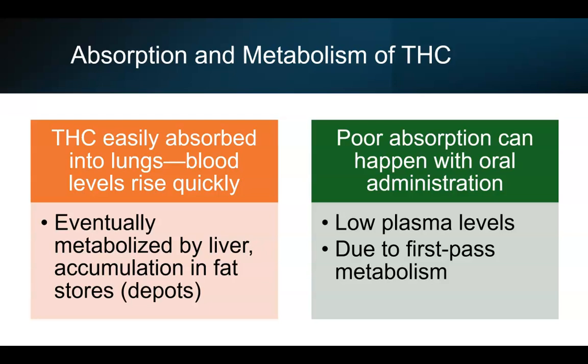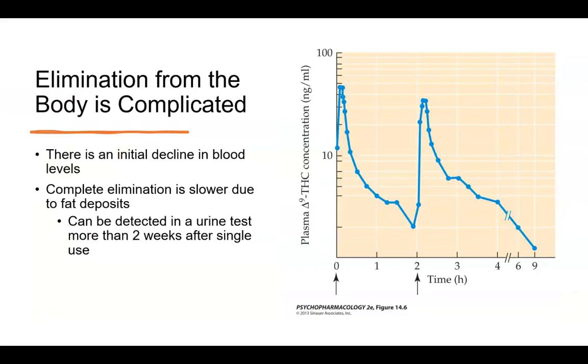And remember that those depots will not release their contents until blood levels drop. So when the blood level drops, boom, here come the depots releasing their contents. You don't have complete elimination right away until those depots are cleared.